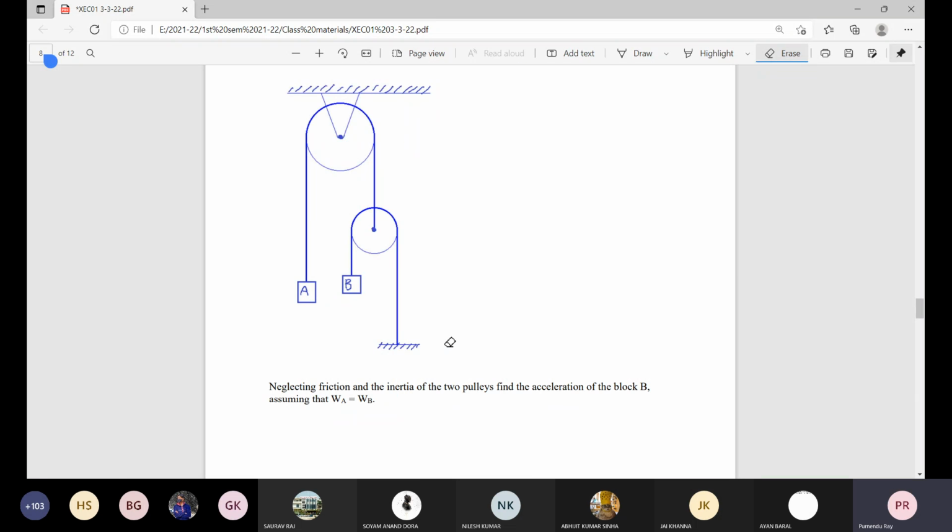So in that case, what about the kinematic relation? Naturally, you need to take a little care about the movement of this pulley with reference to this fixed base, that is the floor. So neglecting friction and the inertia of the two pulleys, find the acceleration of block B, assuming these two weights, block A and block B, are the same.